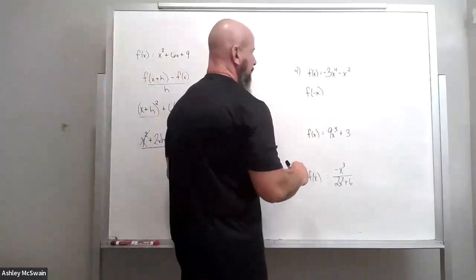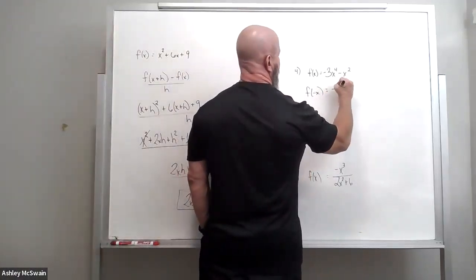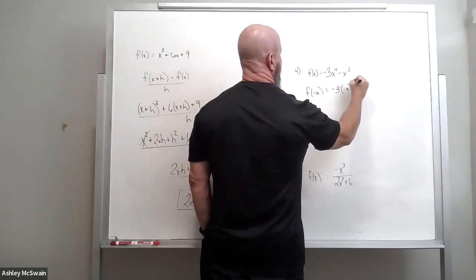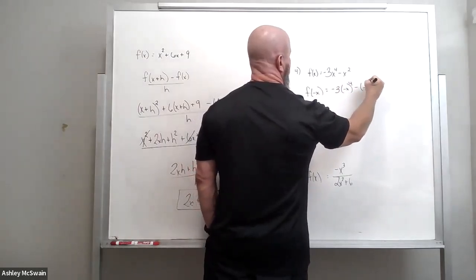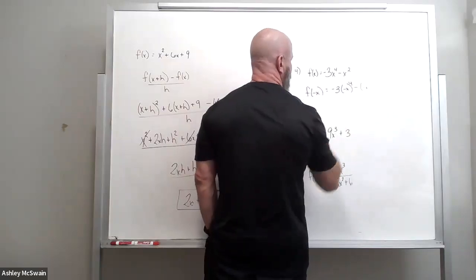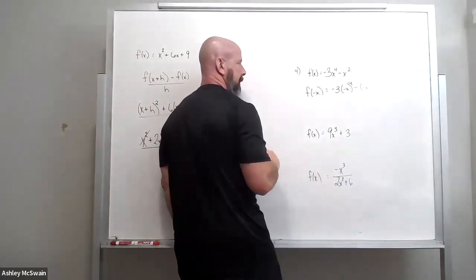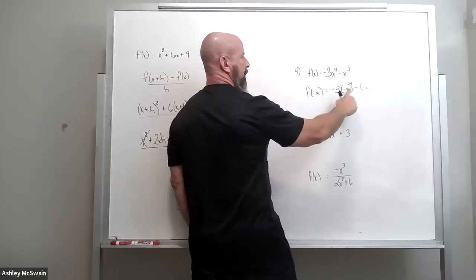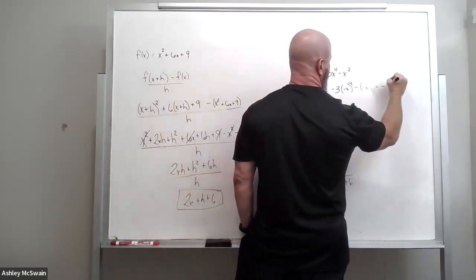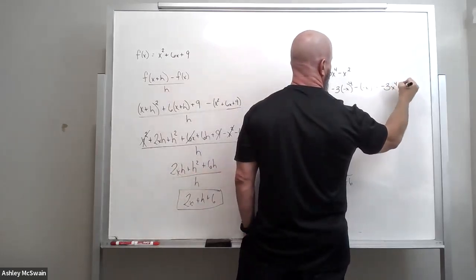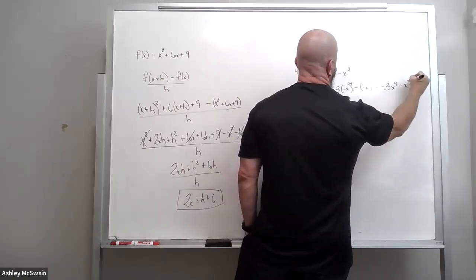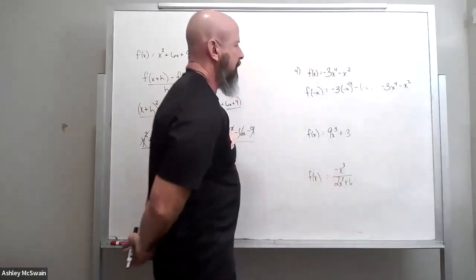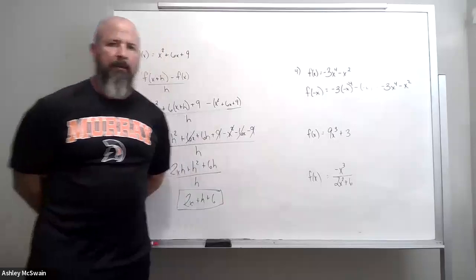So f of negative x is negative 3 times negative x to the fourth minus negative x squared. A fourth power on a negative x is positive, so that's just negative 3 times x to the fourth. And that will stay minus x squared, because negative x squared is x squared.